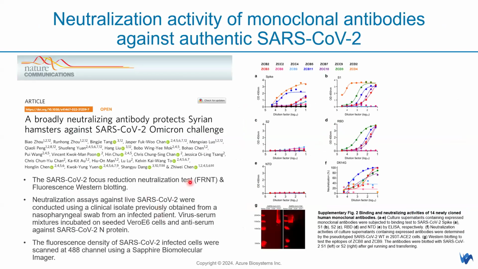So the second paper they published from the same group of users in Nature Communications. It's the same set of techniques, which is FRNT and fluorescent Western blot, to look at the monoclonal antibody activity against SARS-CoV-2.